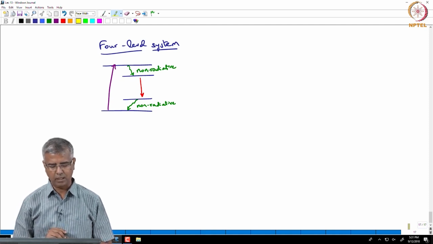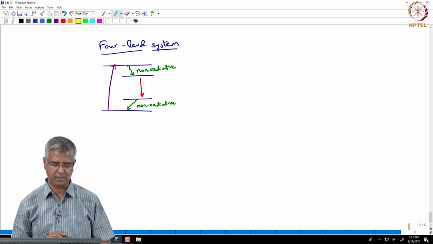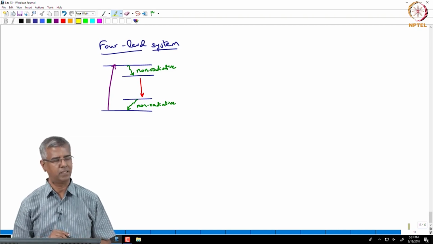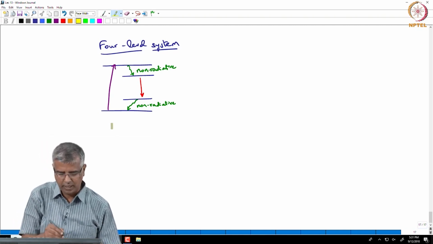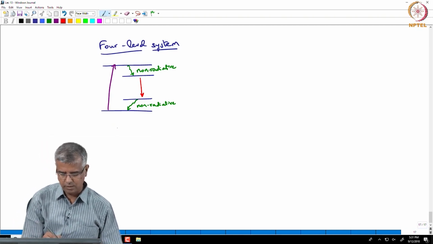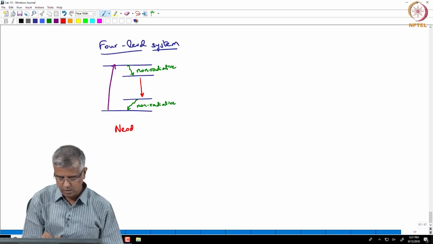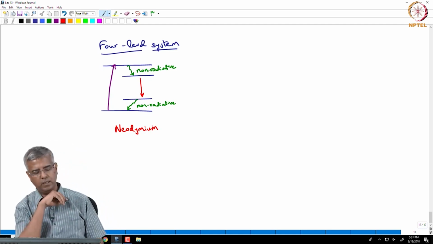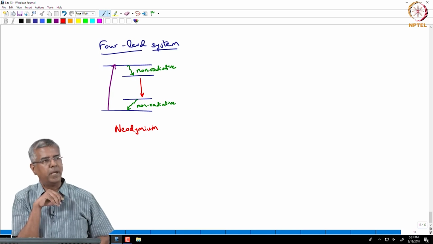Nevertheless, coming back, so if we have a system like this, and we are not talking about some imaginary system, this is actually what you have in neodymium. Okay, neodymium is another rare earth element.